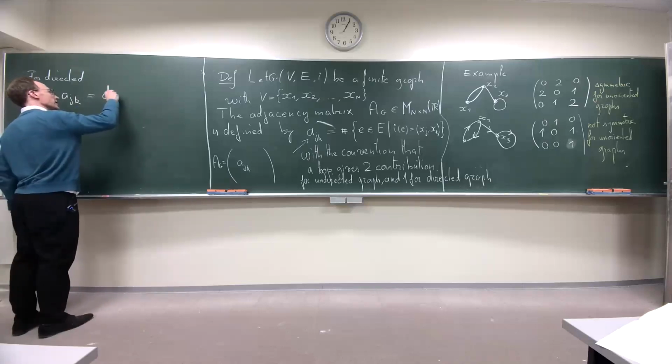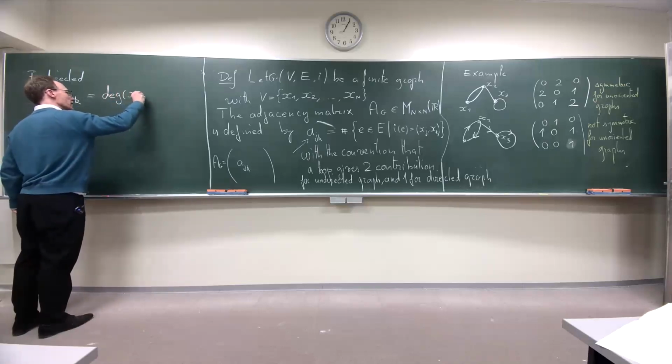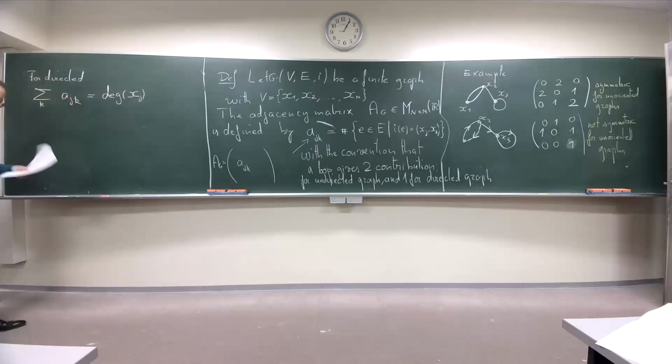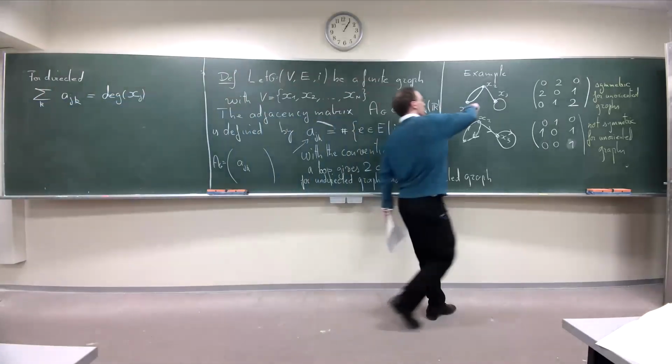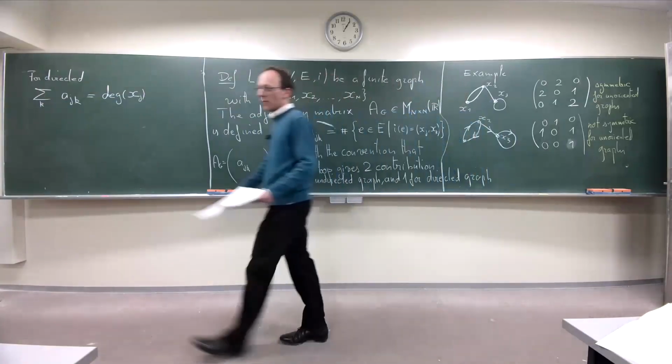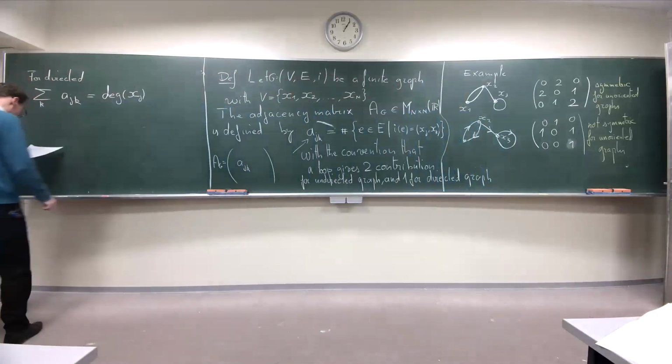This is correct. This is the degree of xj. Think about it. You start at xj and you look at all edges starting at xj. It gives you exactly the degree. And this is why a loop gives the contribution 2. Otherwise, you don't get the correct answer.